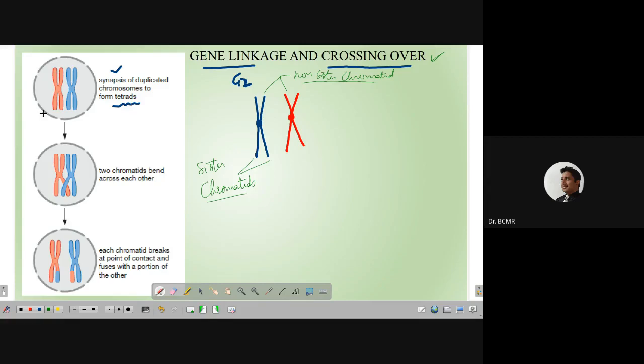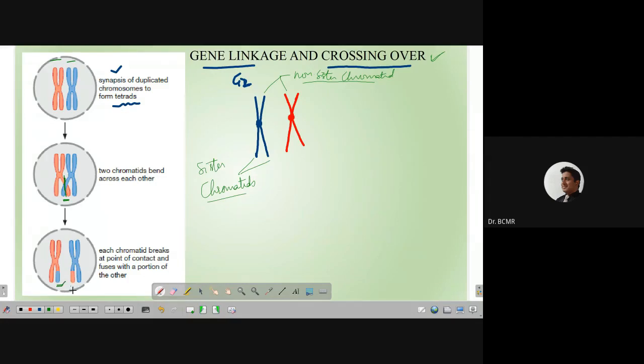So as you can see here, this is one chromosome, this is the other chromosome with their sister chromatids, and the non-sister chromatids will undergo crossing over, something like this. Some form of physical exchange of chromosome fragments between these two happens, and afterwards they cleave off, something like this, to form exchanged parts like this.